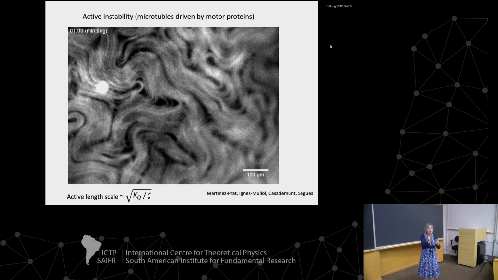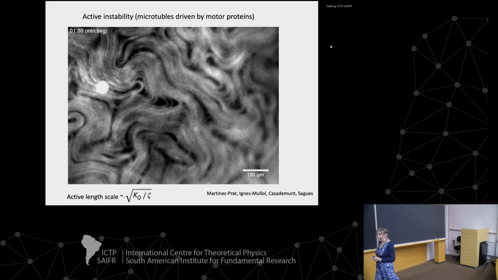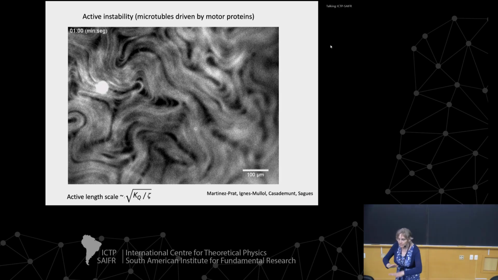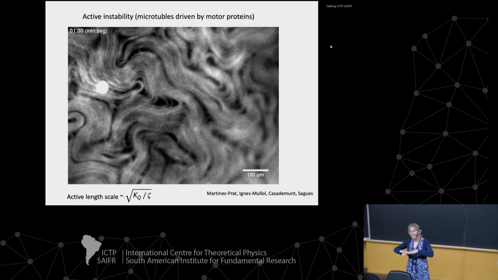It's not really a nematic. If you turn off the activity, you don't naturally get a nematic phase. You just get everything sticking together in a horrible blob. So the way they've done it is that they put a straw into the middle of this microtubule motor mixture. It's a 2D layer of the microtubule motor mixtures.